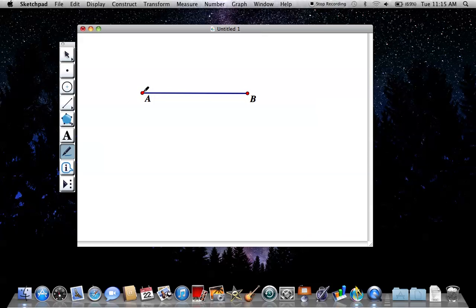We need to use the arrows to represent that the line extends on and on forever. So a line has no thickness, it's straight, and it extends on and on forever. We use a lowercase letter in order to label the line.